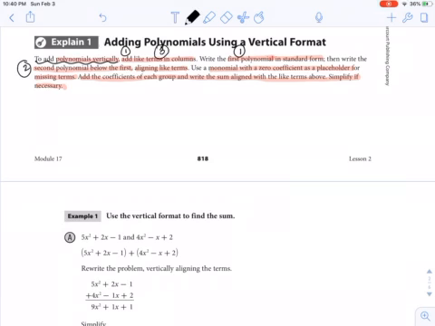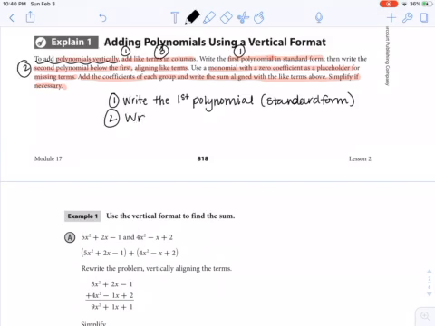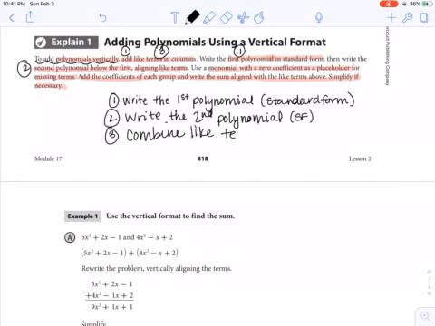So we have one, write the first polynomial in standard form, two, write the second polynomial, again standard form, and then third, combine like terms.